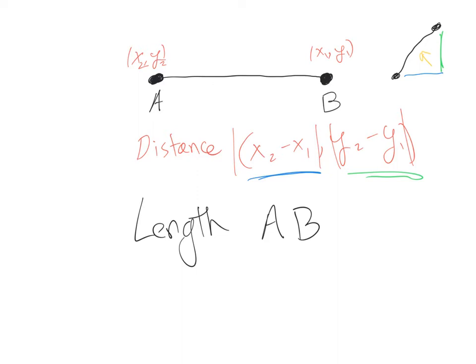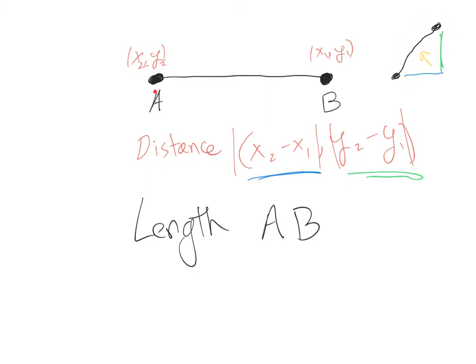And it depends, right? Here we're talking about distance sort of as a change in x, change in y. But when we want to find the actual length of this line, we're going to have to talk about it in terms of the Pythagorean theorem, which we'll get into a little bit later, or you might remember from last year. Okay, but just know the definition of these two words.